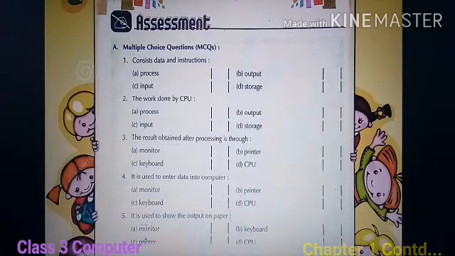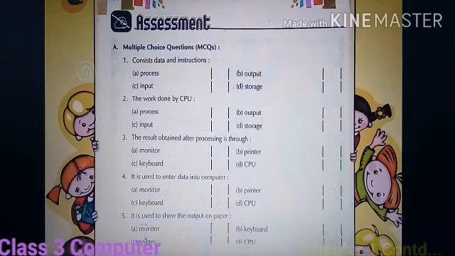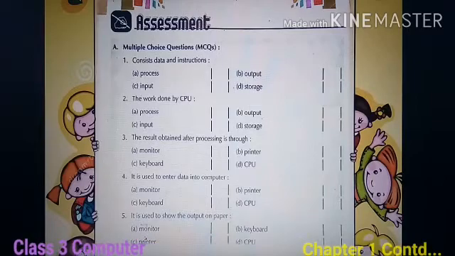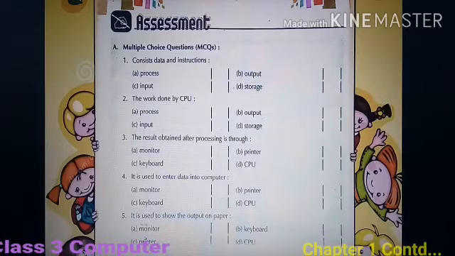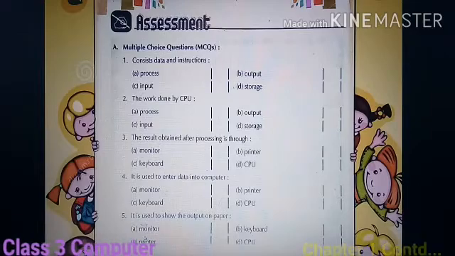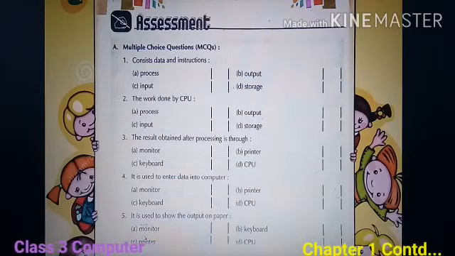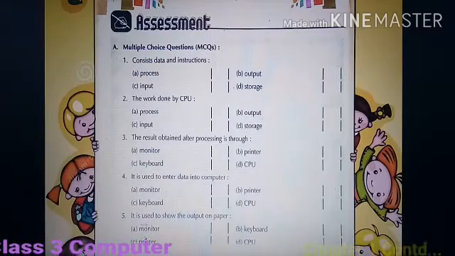In that, the first question is: what consists of data and instruction? Can you say what consists of data and instruction? And the choices are process, output, input and storage. Please say the answer.